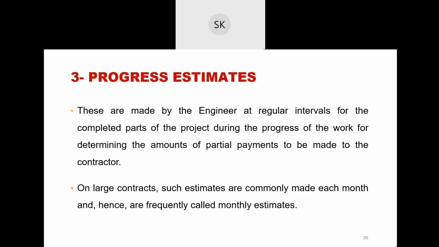Once they have constructed 3 kilometers, one bill will be made. The next 3 kilometers, a second bill, and then the third stretch of 3 kilometers, then the next bill. So in intervals, bills were provided. Bills in the sense estimates were done, then the contractor used to get the money.